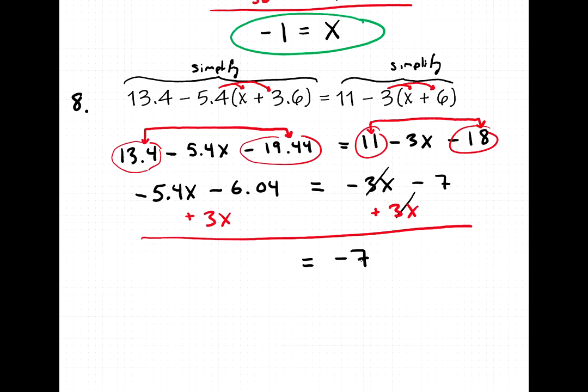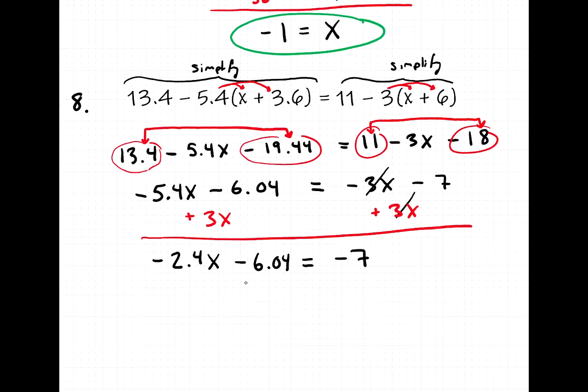And on the left, a negative 5.4x plus a 3x. That will give us overall negative 2.4x. And we still have the minus 6.04. So our equation is getting progressively, step by step, simpler, more compact.